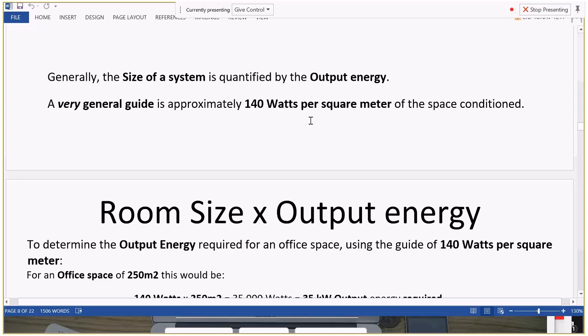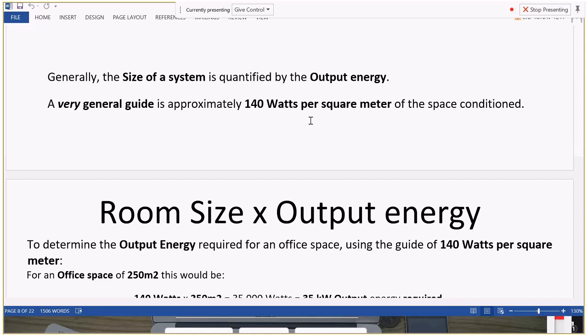So a very general guide is approximately 140 watts per square metre. Now we'll just speak about electricity and electricity use and talk about that in watts and kilowatts. When you look at air conditioning power, that's also expressed in watts. It shouldn't be confused for watts of electricity. Now, a very inefficient air conditioner will require 140 watts of electricity to produce 140 watts of cooling power.